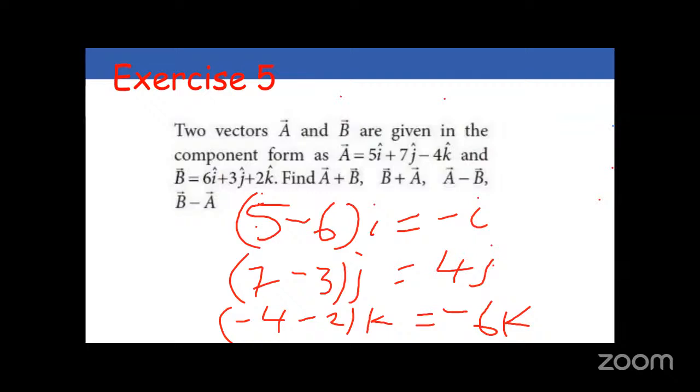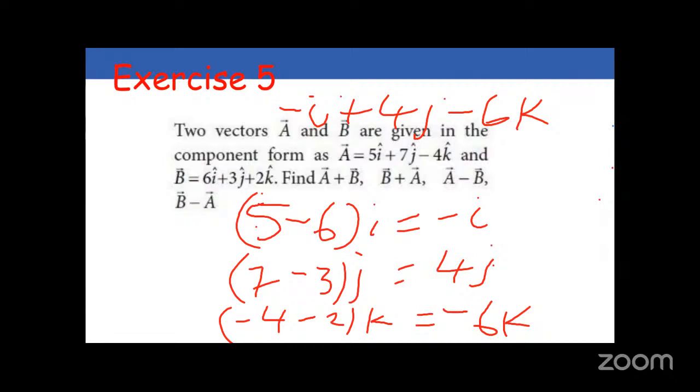So vector A minus B is minus i plus 4j minus 6k. Good.